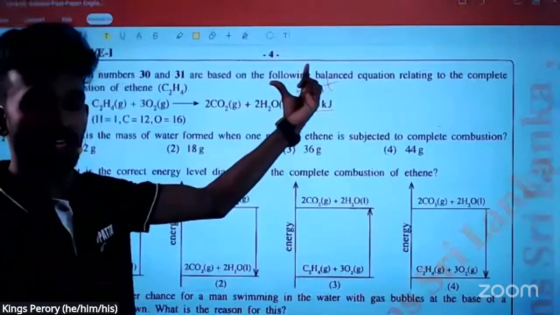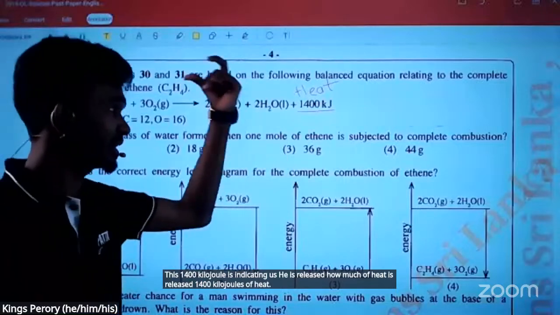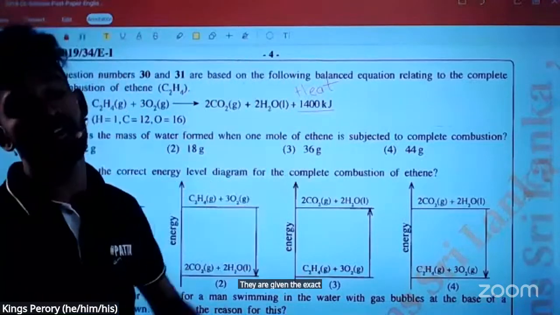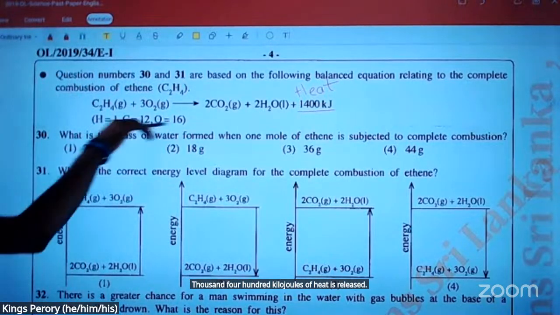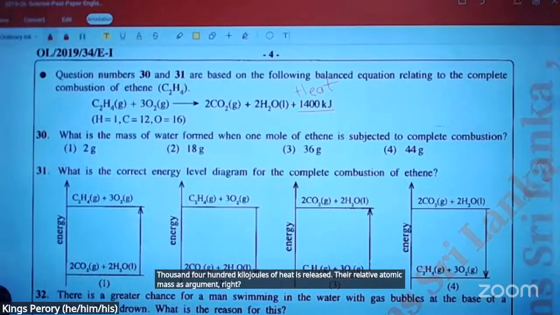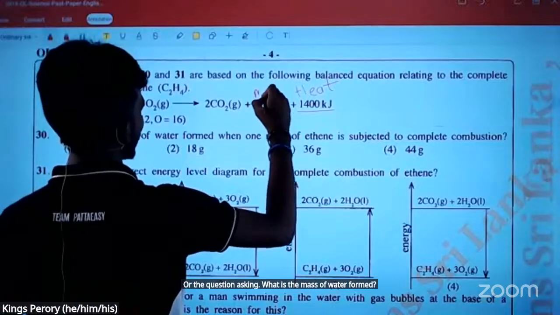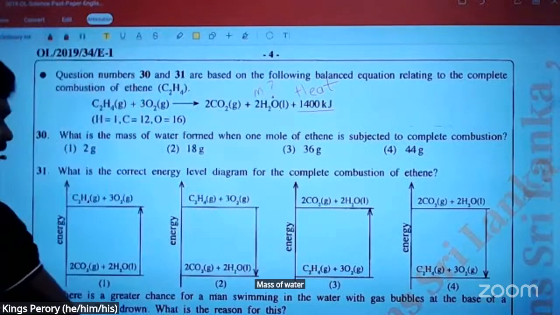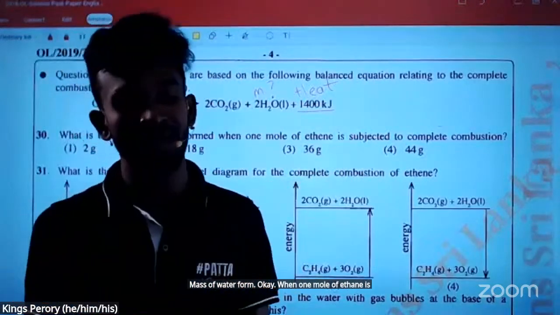They have given the exact value of the heat released. The relative atomic masses are given. The question asks, what is the mass of water formed when 1 mole of ethene is subjected to complete combustion?